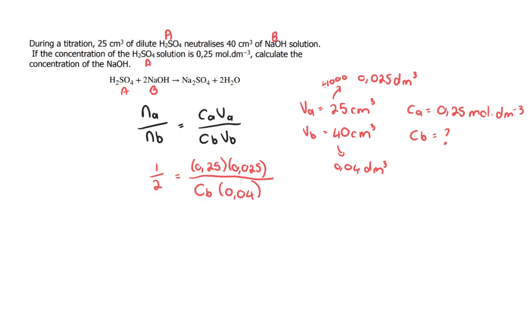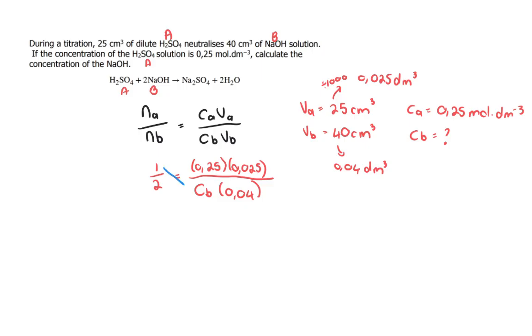I'm sure you can do the math of it, but you can change this to a decimal, and then just to get rid of this, go multiply it on the side and then divide with the coefficient there. Or an easy way to just get rid of the fraction is to cross multiply.